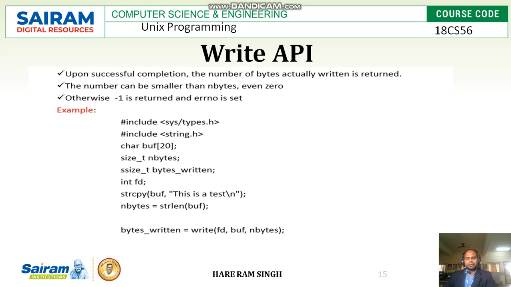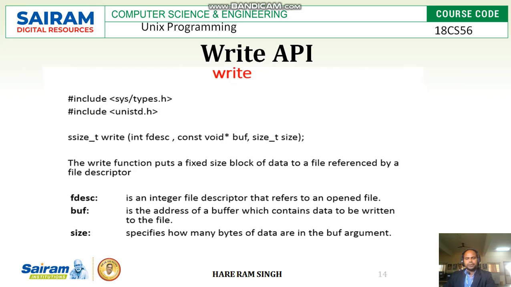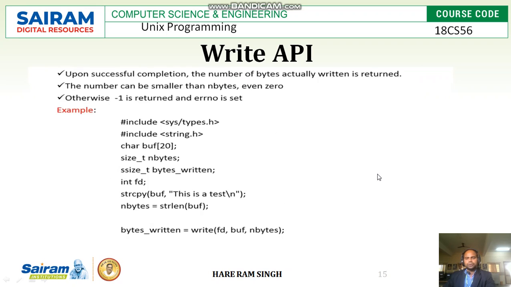We can study this is also a return type. Its return type is ssize_t. So upon successful completion, the number of bytes actually written is returned. How many bytes are written in that file, it should be returned. Next, the number can be smaller than n bytes, even 0.